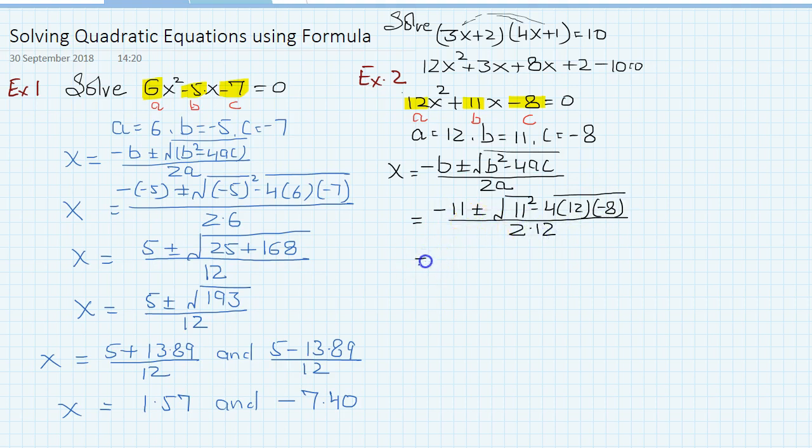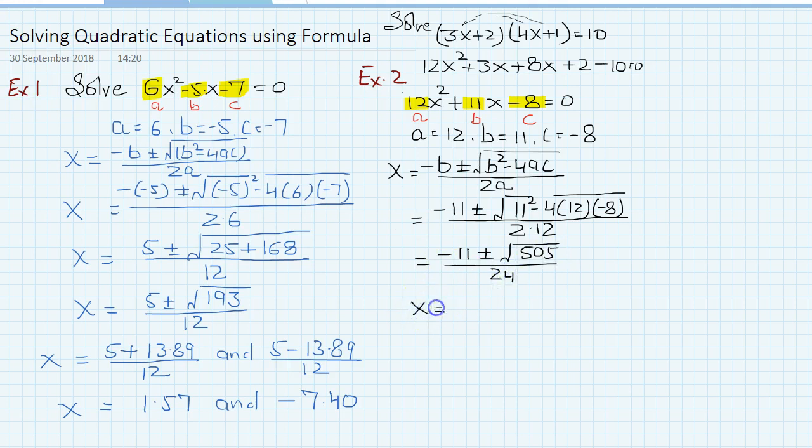So that is equal to negative 11 plus minus root, this is 121 and this is 384. So that is 505, divided by 24.